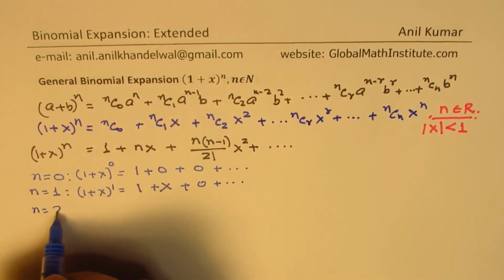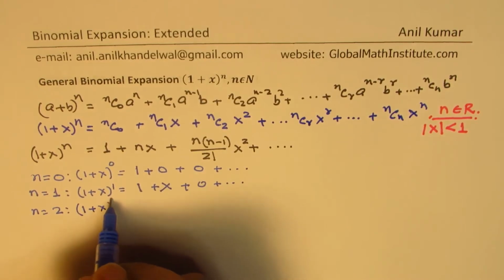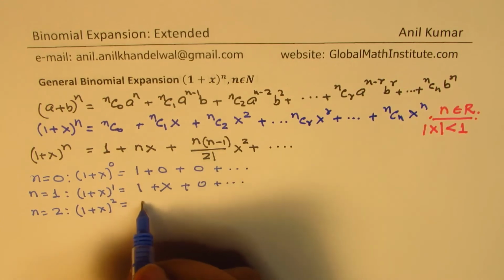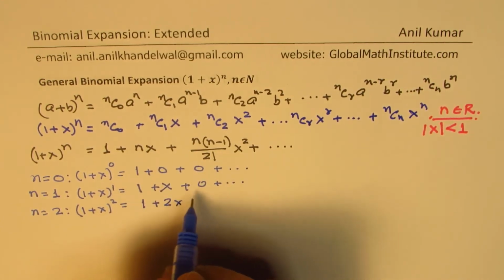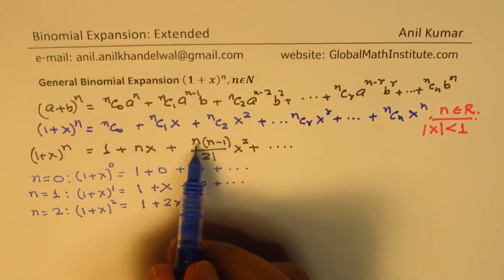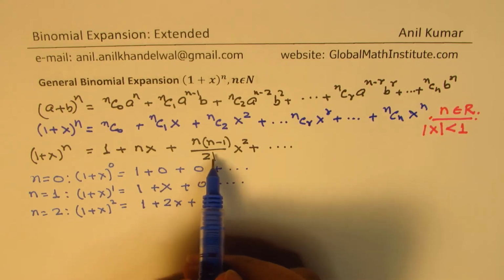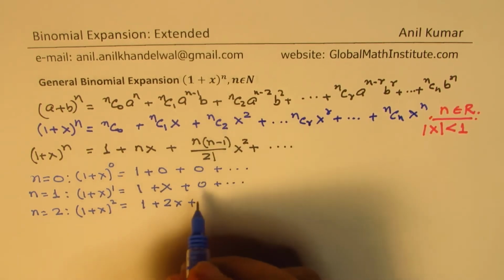For n equal to 2, the binomial expansion will be (1 + x) whole squared, and substituting 2 here, I get 1 plus 2x, and 2 times 1 is 2, and 2 divided by 2 factorial is just 1, so we get x squared here.